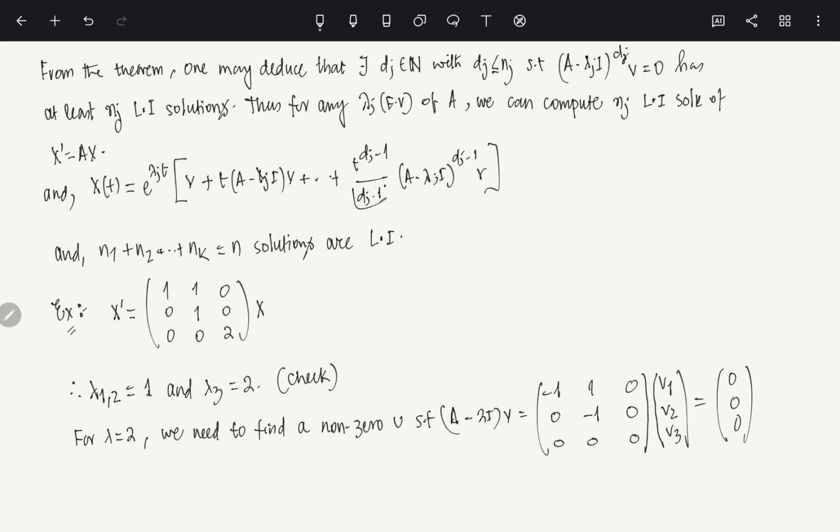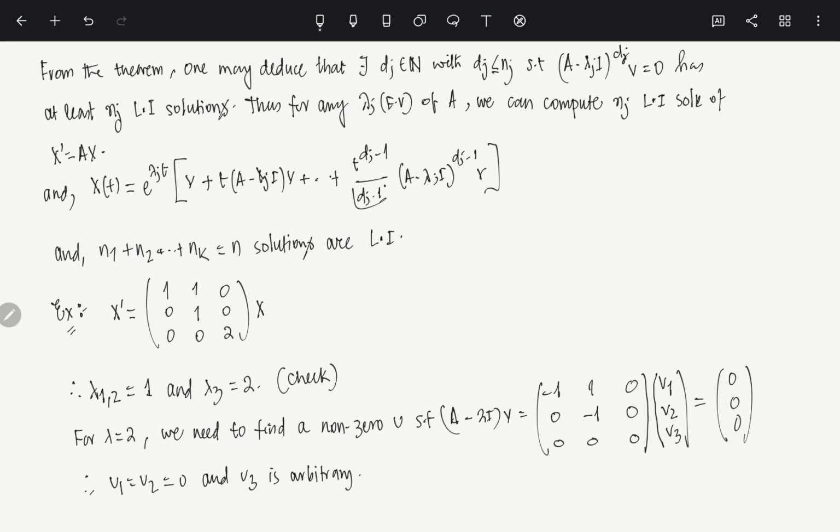Clear? So if you solve it, v1 equals v2 equals 0 and v3 is arbitrary.